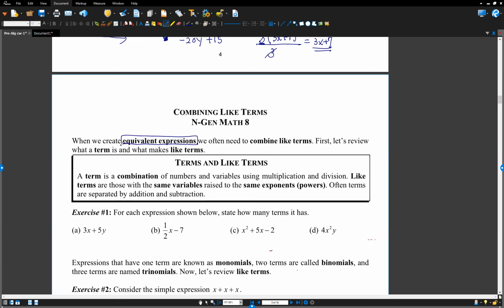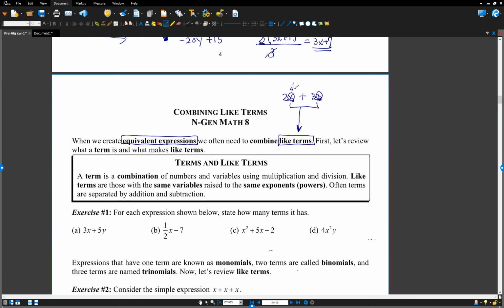When you have equivalent expressions, what is the equivalent? When you have like terms, we say they are equivalent. 2x, 3x, they both have x. We say these two terms are called like terms. Both have the same x.